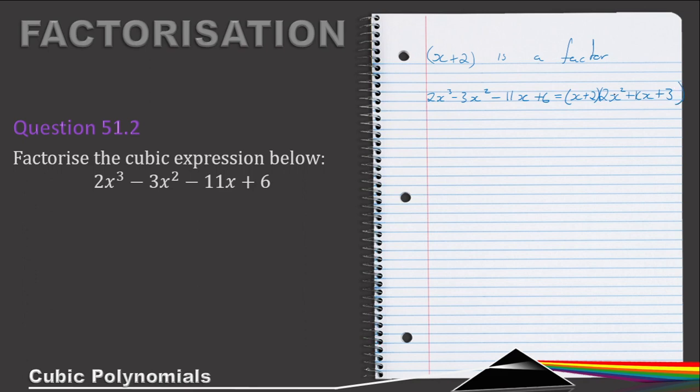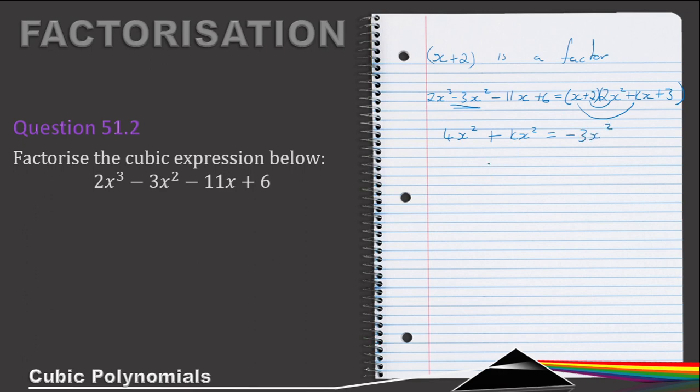Alright, now to get the k term, I'm going to say these two multiplied together added to these two multiplied together should give me that one. So we have 4x squared plus kx squared equal to negative 3x squared.